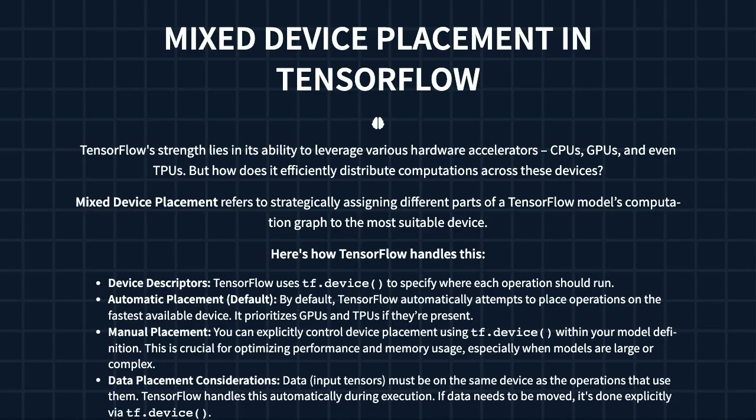It does this automatically by default, choosing the fastest option it can find. But you can also take control and tell TensorFlow exactly where to put things if you know what you're doing. It uses something called tf.device to specify which device each part of your model should run on. And just as important, data needs to be on the same device as the operations that use it. TensorFlow will automatically manage moving data around for you.